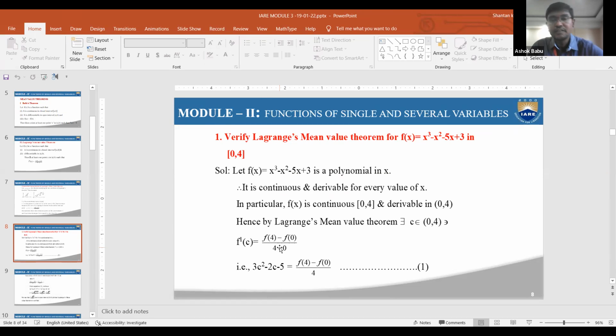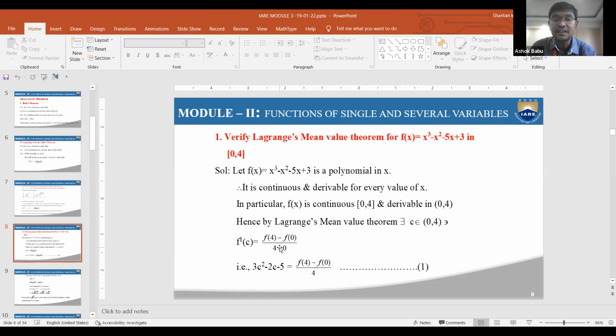Here you need to observe the given function x cube minus x square minus 5x plus 3, which is a polynomial function. According to the properties, every polynomial function is continuous in the given interval a comma b. Therefore, the function is continuous in the closed interval 0, 4, because there is no indefinite value in the given limits.